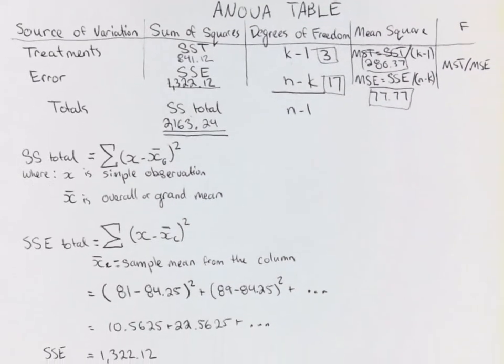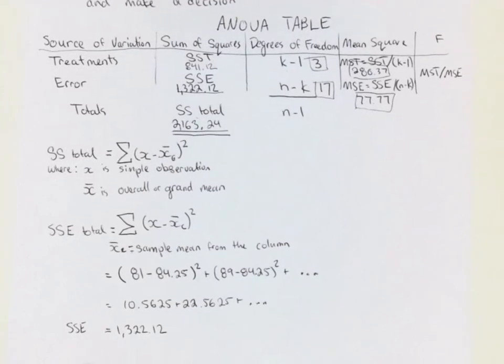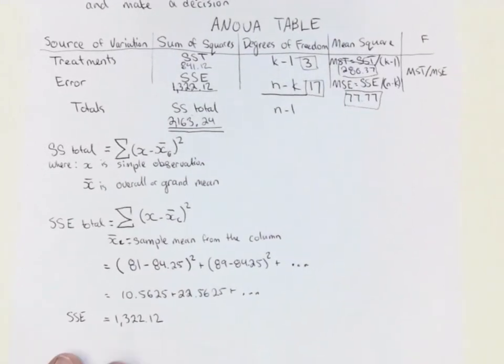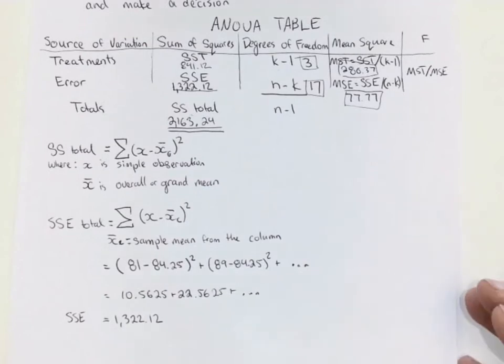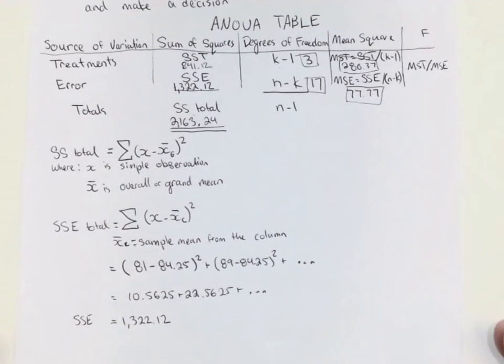So again, I know the ANOVA table can seem very overwhelming. It seems like it's a lot, and it is a fair amount of work. There's nothing here that is insanely difficult. It's just a lot of organization. This is why we create the table, and we follow our 5 steps to make it very clear.